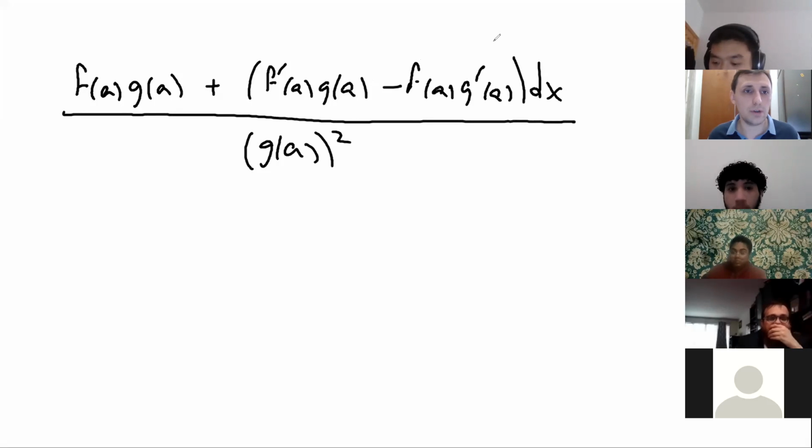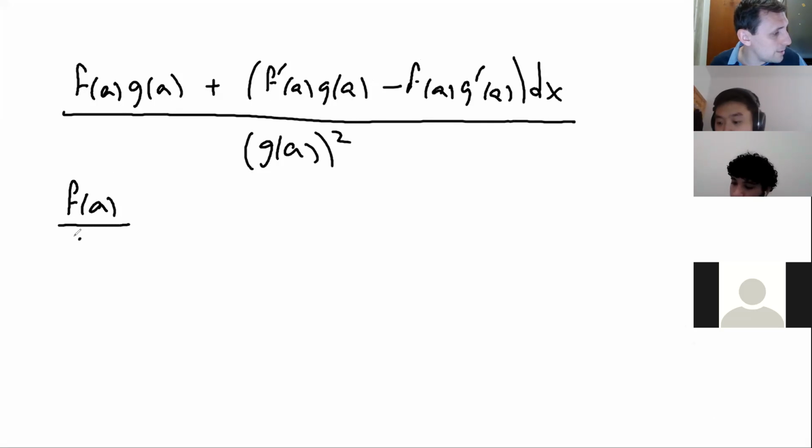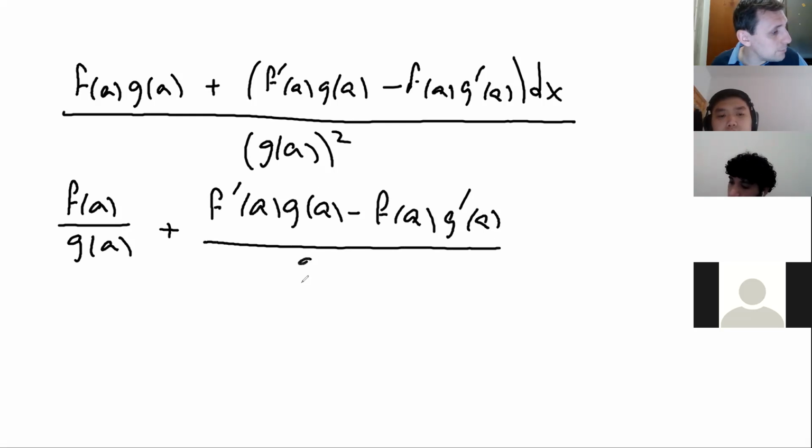Now, do you see where you have the line? Look at it. I can now divide it through, and what do I get? I have here f of a, divided by that is f of a over g of a, plus, now what's my slope? I have (f prime a g a minus f a g prime a) divided by g a squared, times dx.